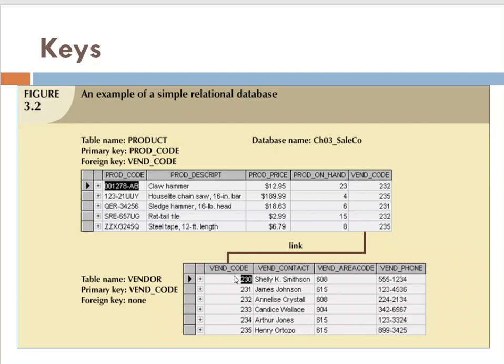Okay, dalam masa yang sama, vendor code adalah primary key bagi table vendor. So this is actually a foreign key, FK. So vendor code is a foreign key in table product, and it is also primary key in table vendor. So foreign key ni adalah satu attribute yang menjadi primary key dalam table lain.